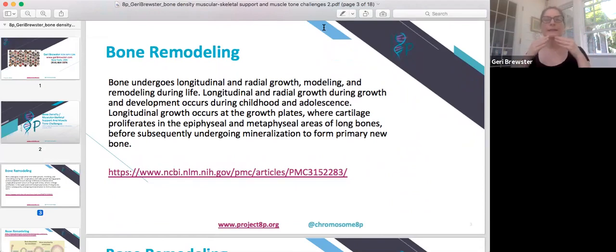In the center of it is bone marrow, and we'll talk about all of that a little bit more as well. In childhood, besides the density, you also have growth occurring, and that growth is occurring in length and in width. Okay, you can go to the next slide here.